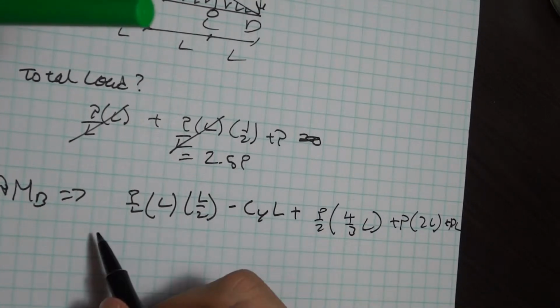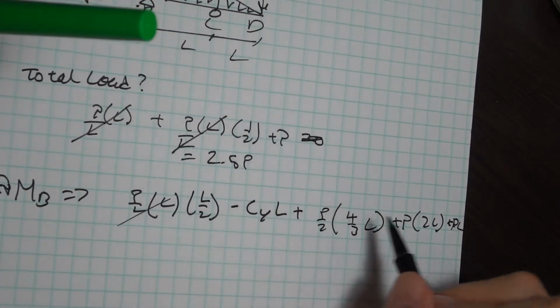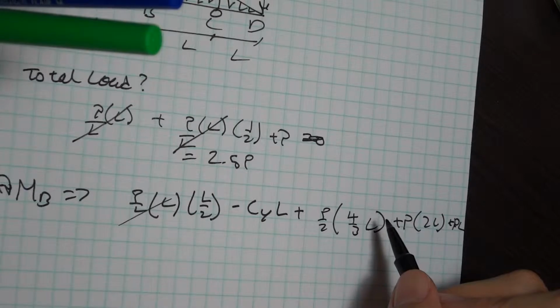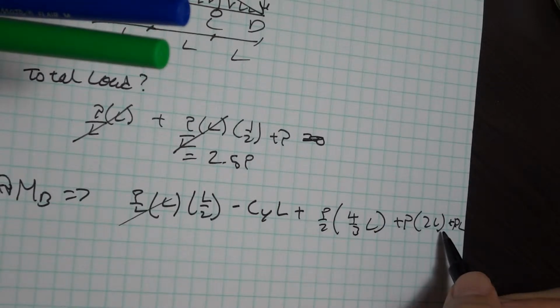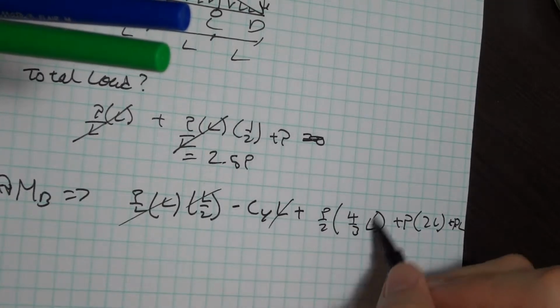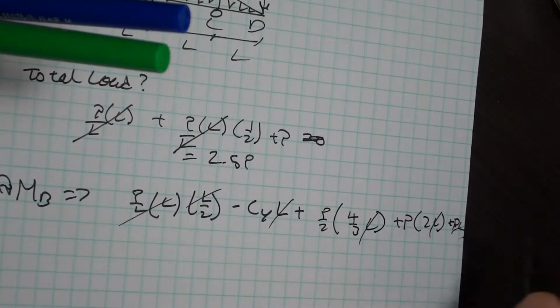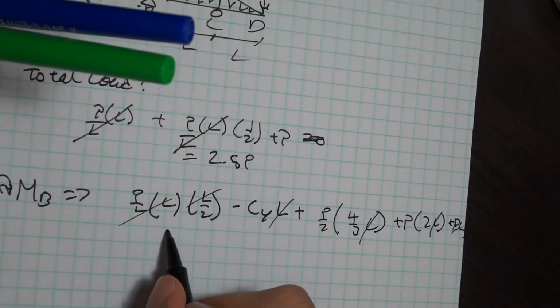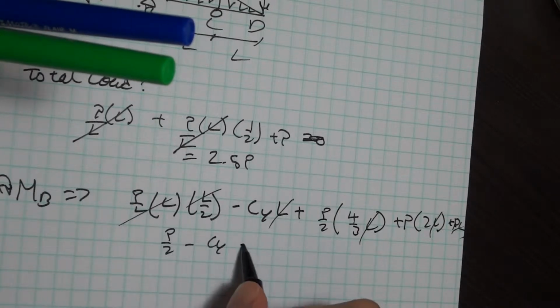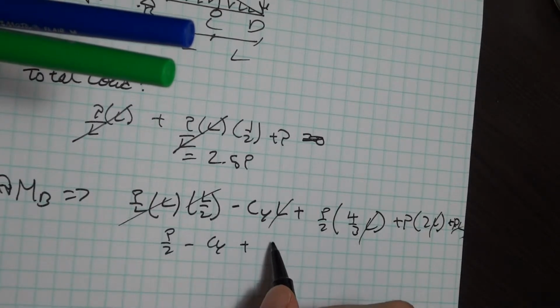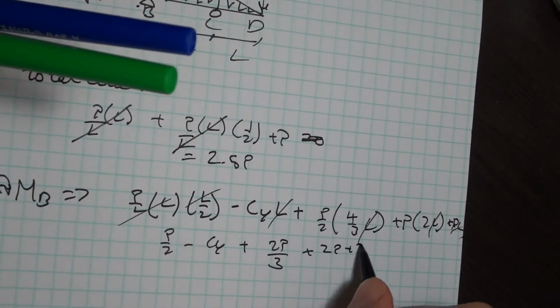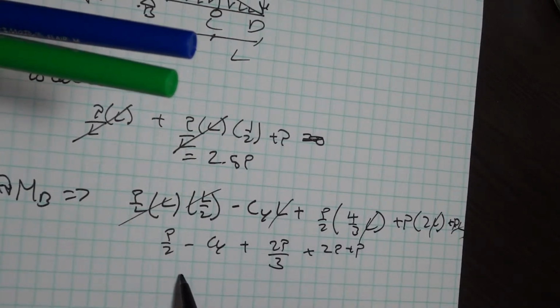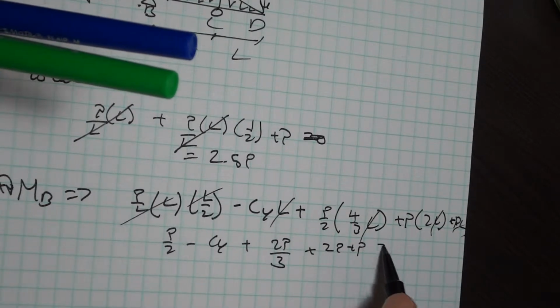So let's see what cancels here. This cancels. This is fine. We have one more L that cancels out everywhere. So we have P over 2 minus CY plus 2P over 3 plus 2P plus P equals 0.